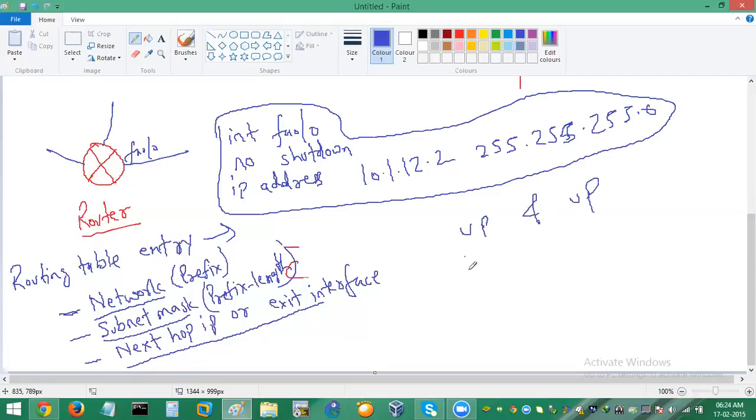I'm talking about the line protocol. It has to be layer 2 up, which is the line protocol, and status up, which is layer 1.